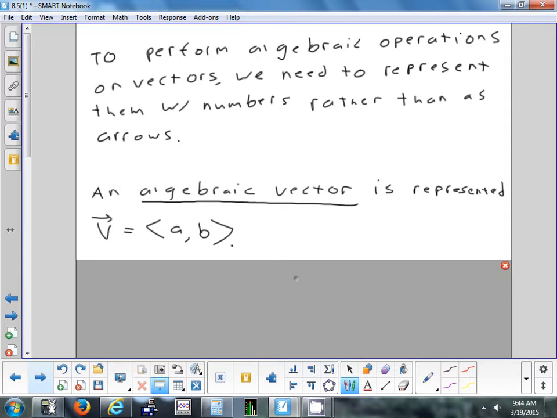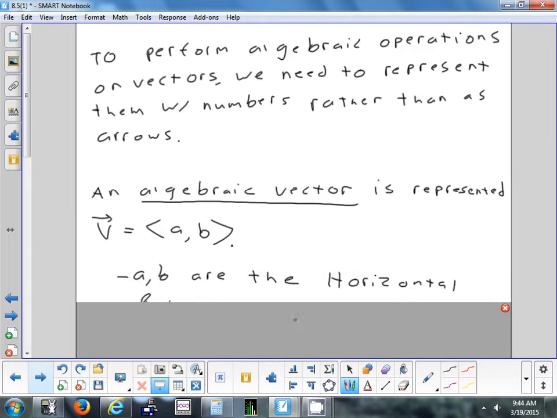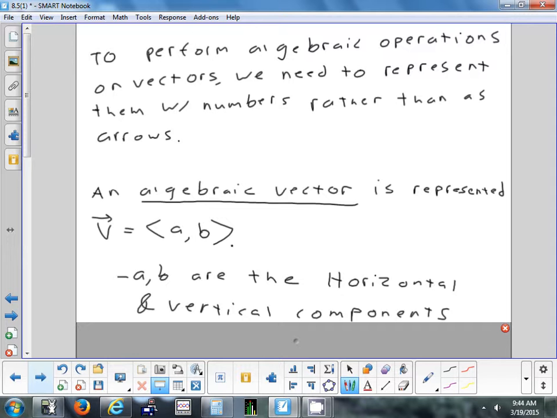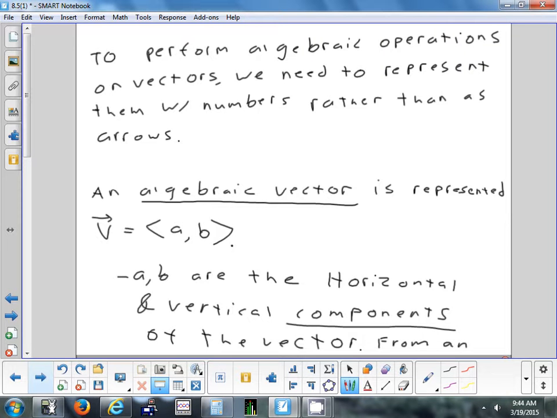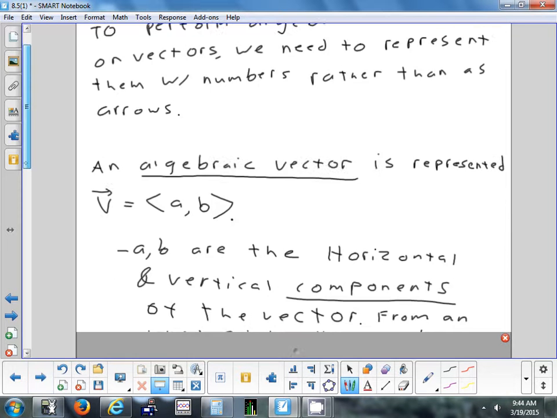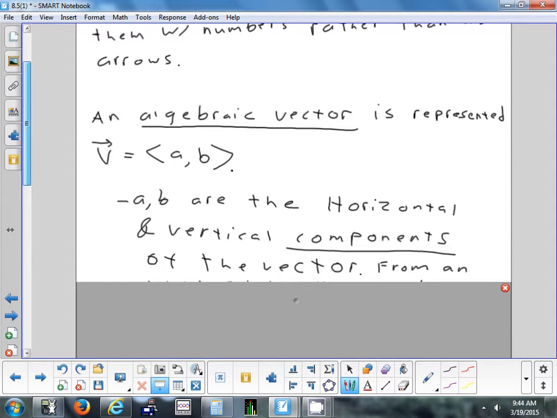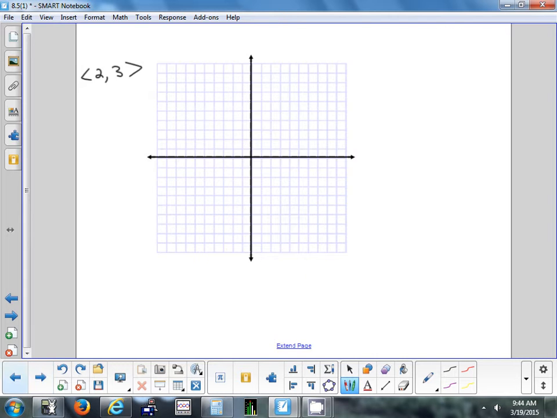And that's important. That's the only thing that makes it different from a coordinate. If you put parentheses, it's not a vector. So basically a and b are the horizontal and vertical components of a vector.